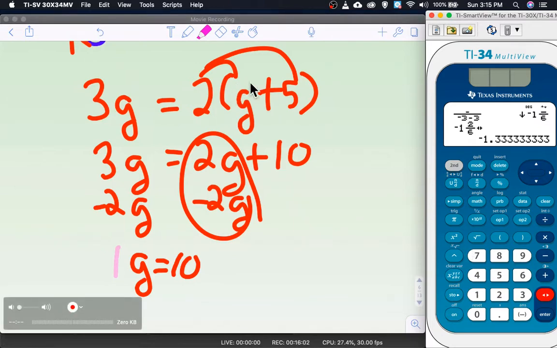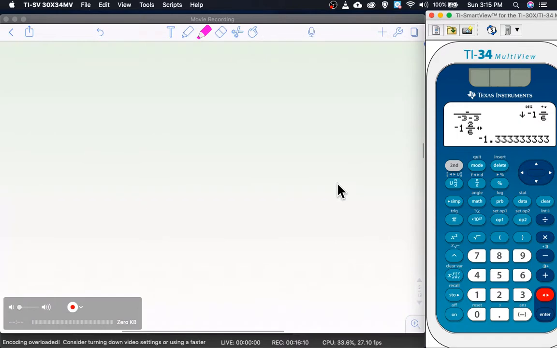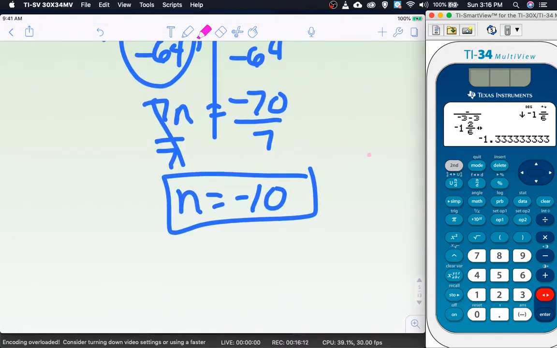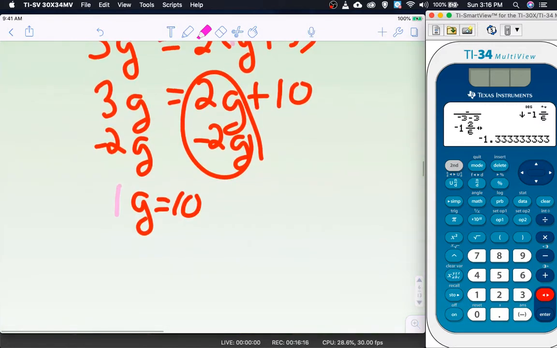Technically, right here in my problem, this is 1g. So when I took 2 times 1, I got 2. In all my previous problems, wherever they are, that is a 1n. But you don't need to write the 1. That's a ghost 1. It's not needed in our problem. So I'm going to leave them out. G equals 10 is done.